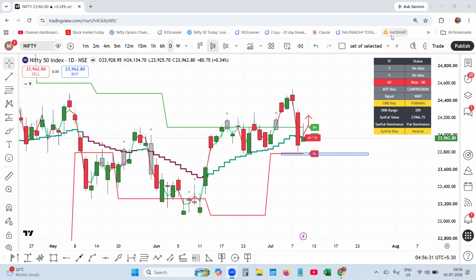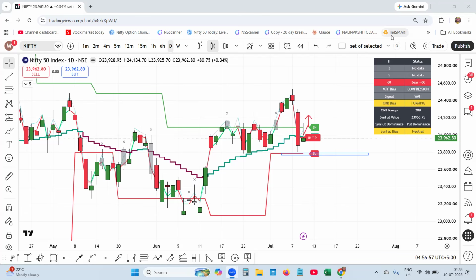You are planning to buy a put, but suddenly synthetic future starts making higher lows, then higher highs. What is happening? Smart money is slowly accumulating bullish positions. The fall may be temporary. A short covering rally may be approaching.